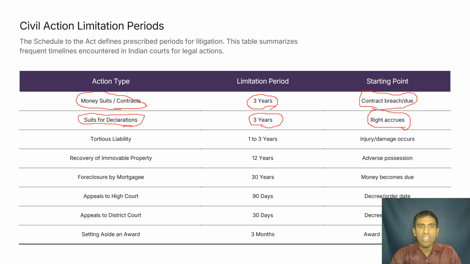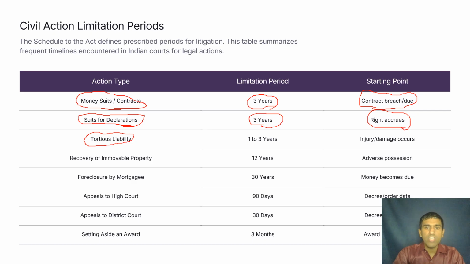Then there is tortious liability. This mostly relates to any action for which you can take civil action. Tort means any sort of offense under civil law, which usually means breach of duty, or any other wrong under civil law which is not covered by criminal law.